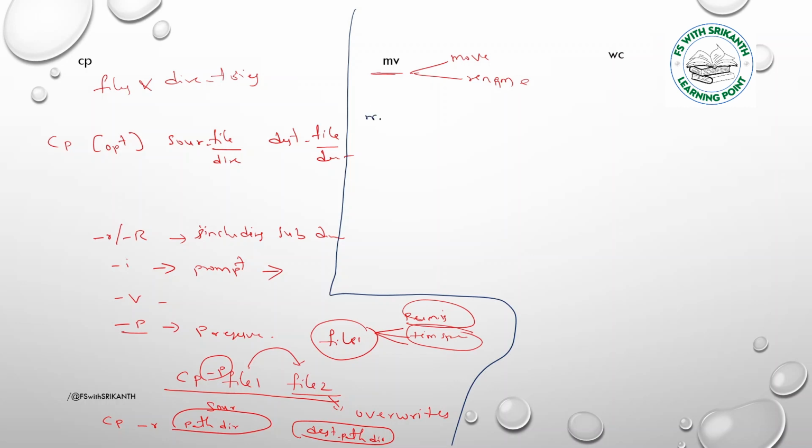So mv, and again it has some options, then the source file or directory and the destination directory, otherwise a file, source file or destination file. -i is a prompt, and -v prints the name of each file, it is a verbose mode. And -u, update mode, moves only when the source file is newer than the destination.